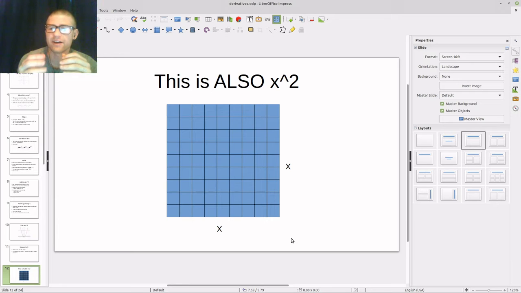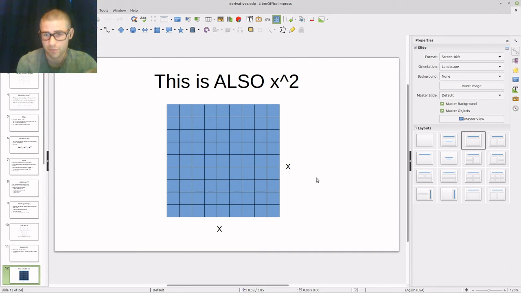So basically, if I have y equals x squared, for any number I put into x, the output, I'm just going to take that value and multiply it by itself. So if I put in 1, I have 1 here and I have 1 here, and the area would be 1. If I have 2 here and 2 here, the area would be 4. In this case, I have 9 here and 9 here. The area is 9 times 9, which is 81.